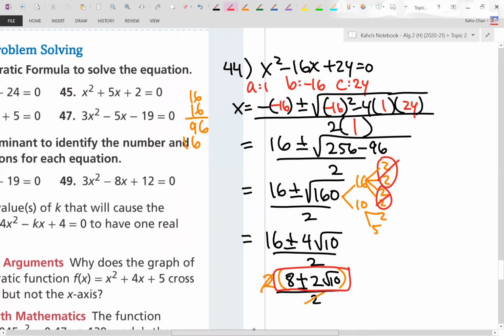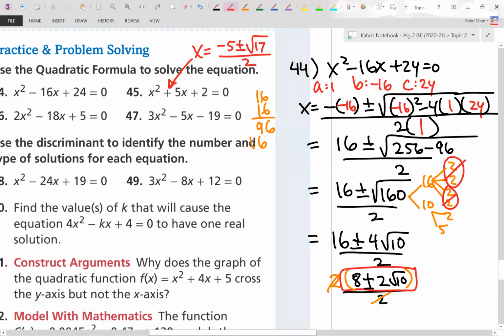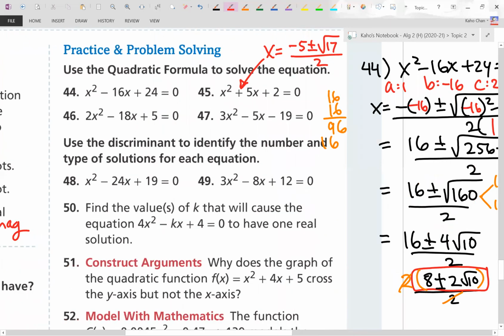Let me give you the answer to number 45. They are x equals negative 5 plus or minus square root of 17 over 2. I haven't decided which ones to do, okay? Just to let you know.